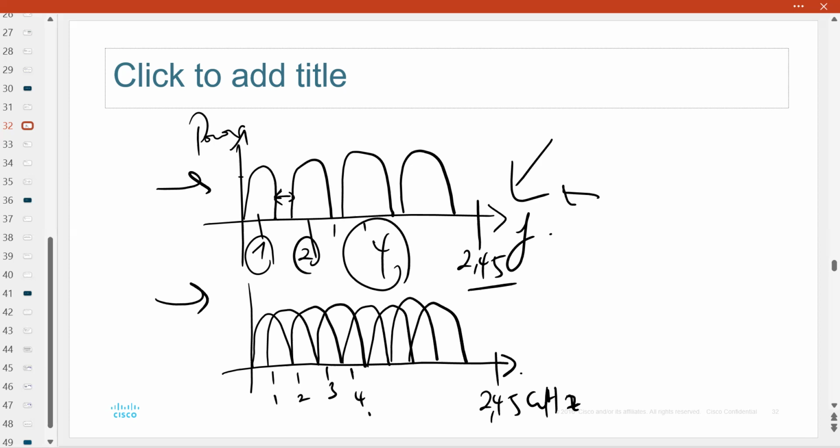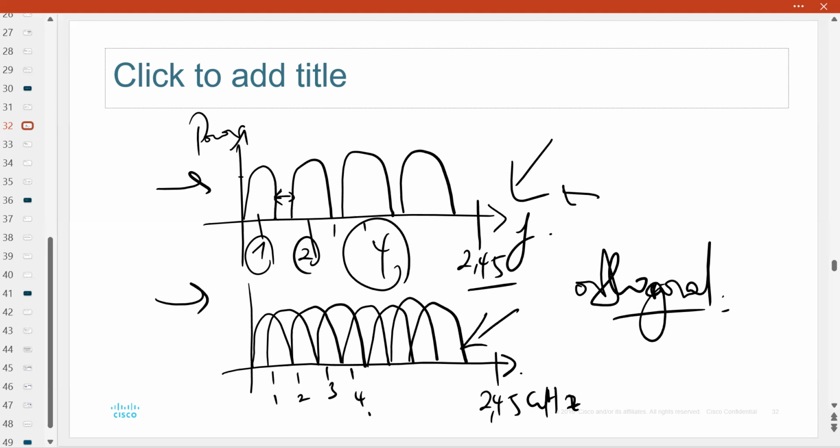So with FDM, we don't have overlapping, therefore we avoid interference. With OFDM, the channels overlap, but the orthogonality of those channels avoids interference. So this is OFDM, the keyword here being orthogonal.